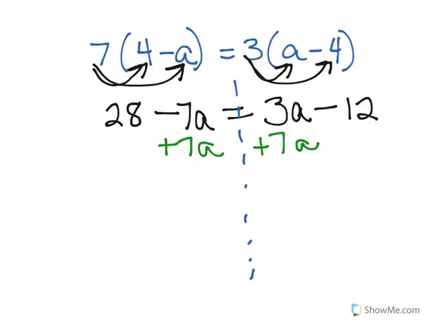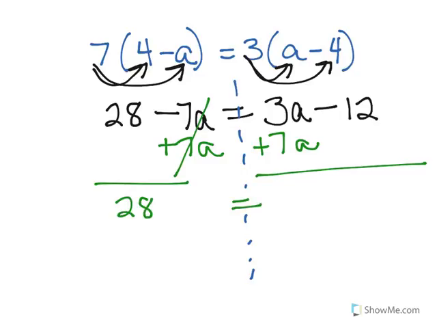And what I do onto one side, I do onto the other. A minus 7a plus a 7a lets us get rid of the coefficients on this side of the fence, leaving us with a 28. 3a's plus 7a's is 10a's. And then we bring down our subtraction sign and the 12.